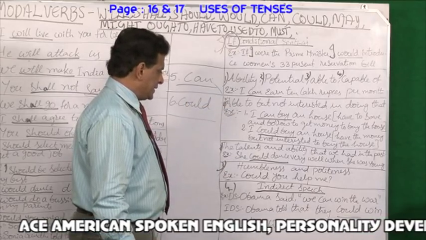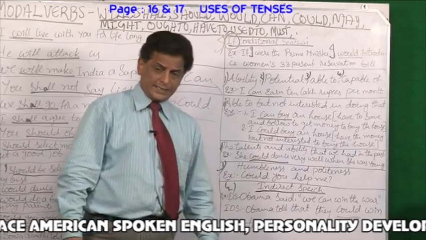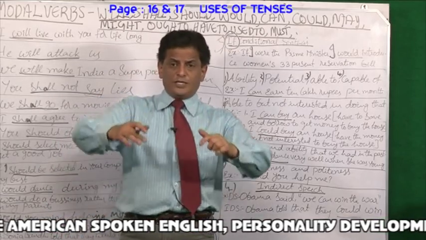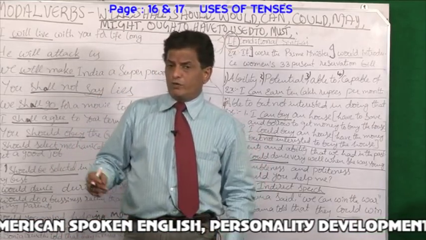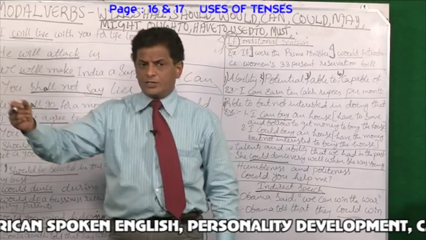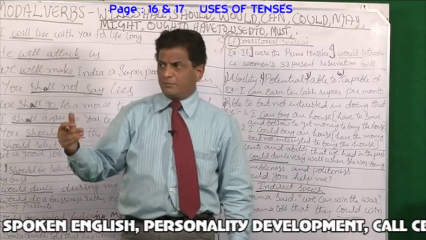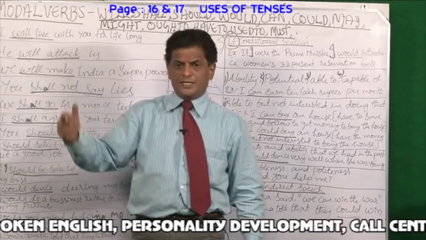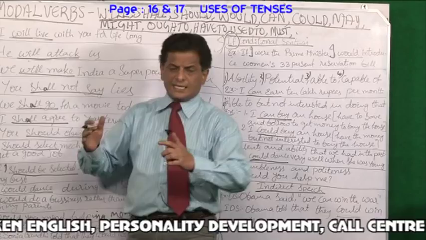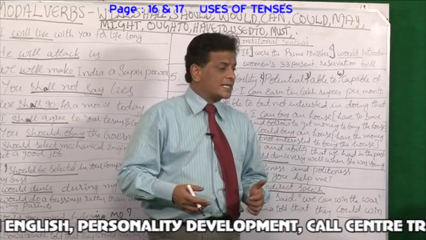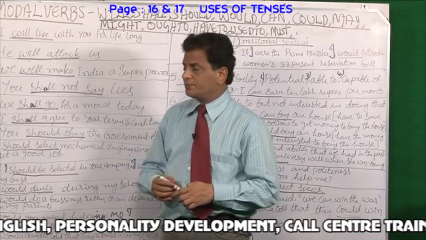Talents and abilities, humbleness and politeness. You go to an office, you meet a secretary. Will you ask the secretary, can I meet the manager or could I meet the manager? Or what will her answer be? You can meet the manager or you could meet the manager. When you ask a secretary, you should ask, can I meet the manager?